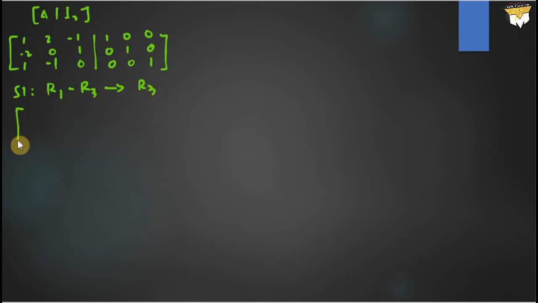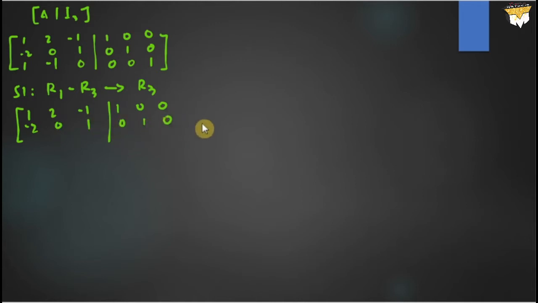So, we have, for example, yung row 1 minus row 3, papalitan lang naman natin ay row 3. So, copy lang natin si row 1: 1, 2, negative 1. We have 1, 0, 0. Yung row 2, ganun din. That's negative 2, 0, 1, then 0, 1, 0.